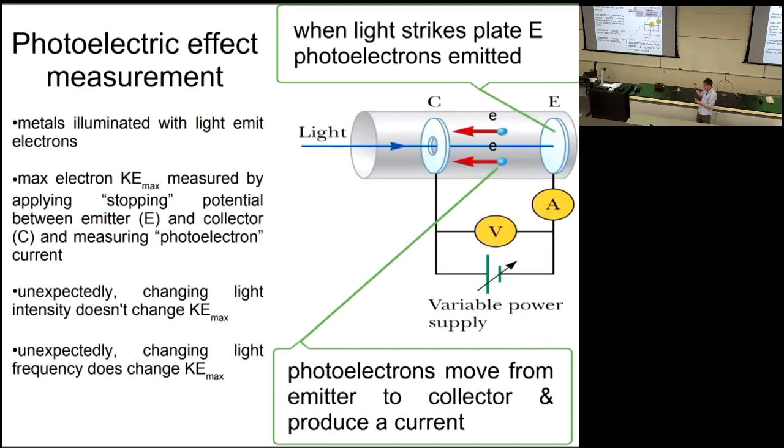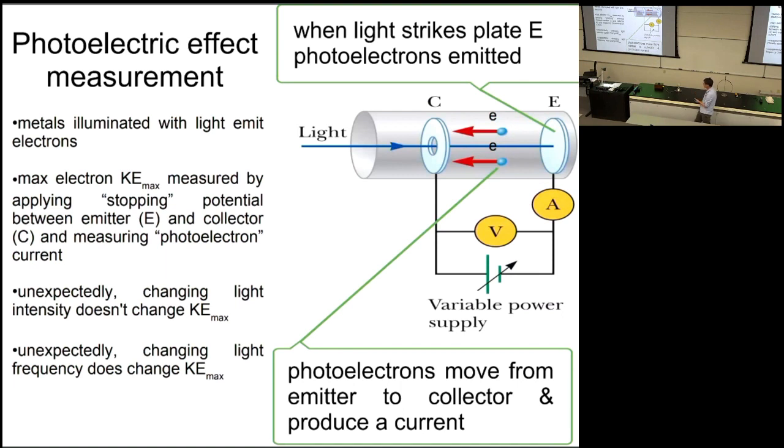It can kind of throw them off, release them from the metal. Here we see a couple of electrons flying off. In the apparatus, those electrons are collected on this other metal surface through which the light beam passed, called the collector. So here's the emitter, here's the collector.